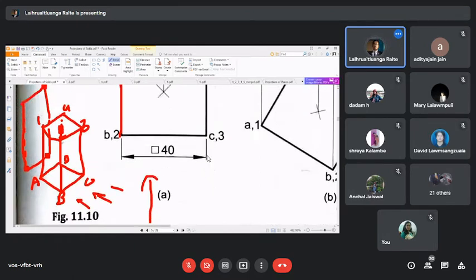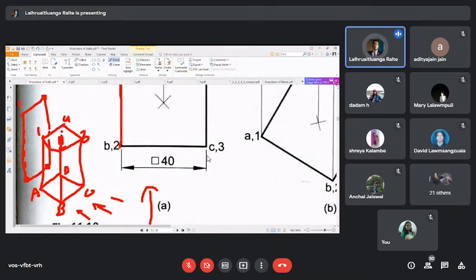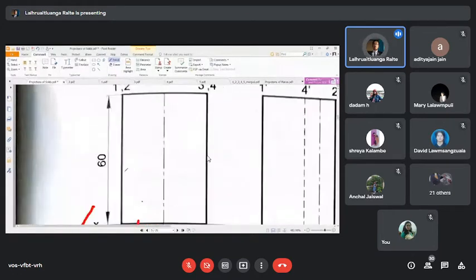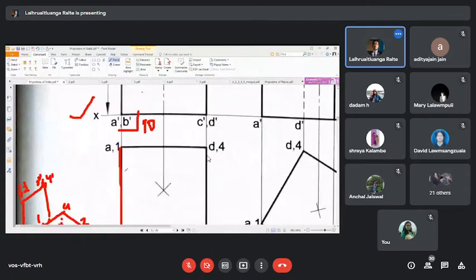So 1 and 2 is going to fall under one point, 3 and 4 under one point, A and B under one point, C and D under one point. And as it's a front view, they must all come with dashes above. The projections that fall on the vertical plane, which make the front view, are annotated with dashes. All right. So I hope you can picture this.